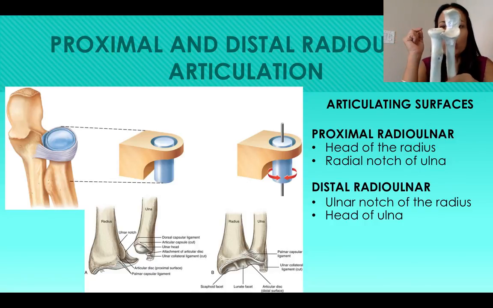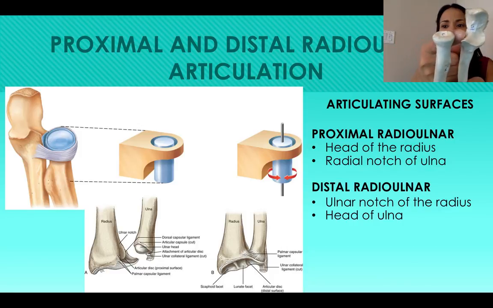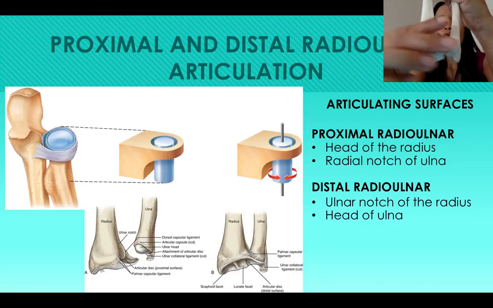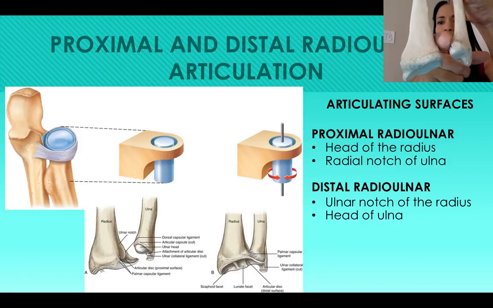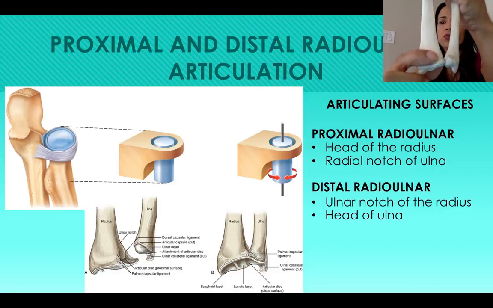So what are the articulating surfaces on the proximal radioulnar articulation? We have the head of the radius and the radial notch on the ulna. And distally, this is the head of the ulna here, and this is the ulnar notch on the radius, and you put them together.